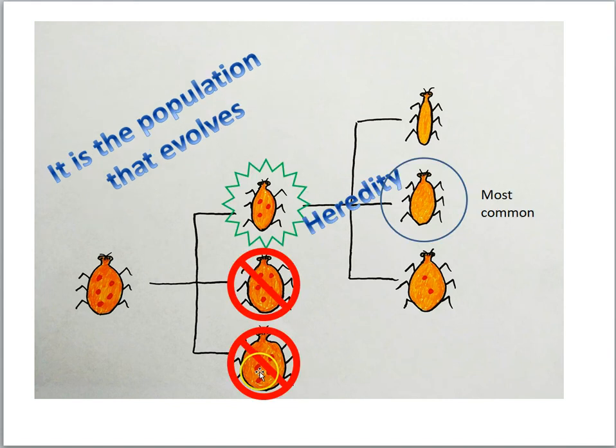It is populations that evolve, right? So it's the action of predators here that is taking out some of the individuals and leaving others, and that's going to be changing the traits in the next generation, changing the frequency of those traits. Individuals are born the way they are due to their inheritance, and it's the action of the selection process and heredity that is leading the population to evolve.